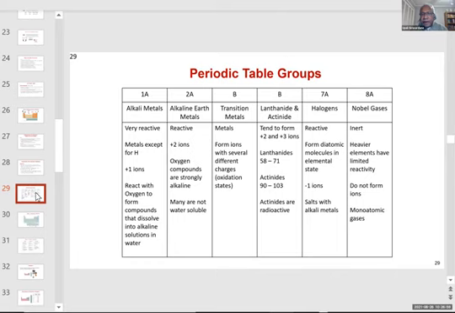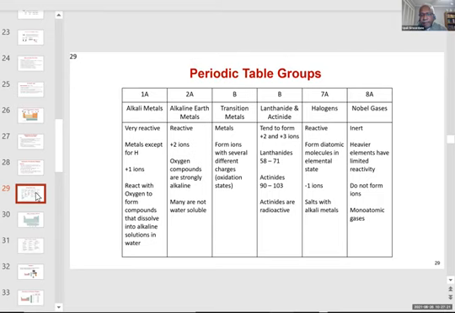The lanthanides and actinides are the last 2 rows. They are similar to transition metals. They tend to form positive 2 and positive 3 ions. They are metals. Lanthanide atomic numbers are 58 to 72.